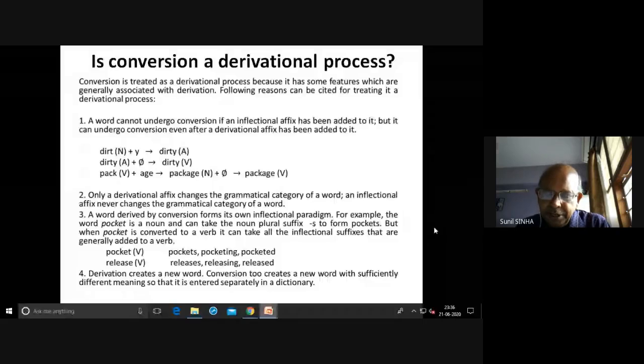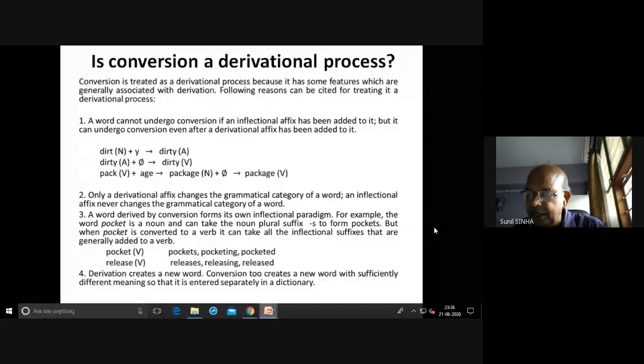So let's read the third point. A word derived by conversion forms its own inflectional paradigm. That is, it takes all the inflections that a word class can take.